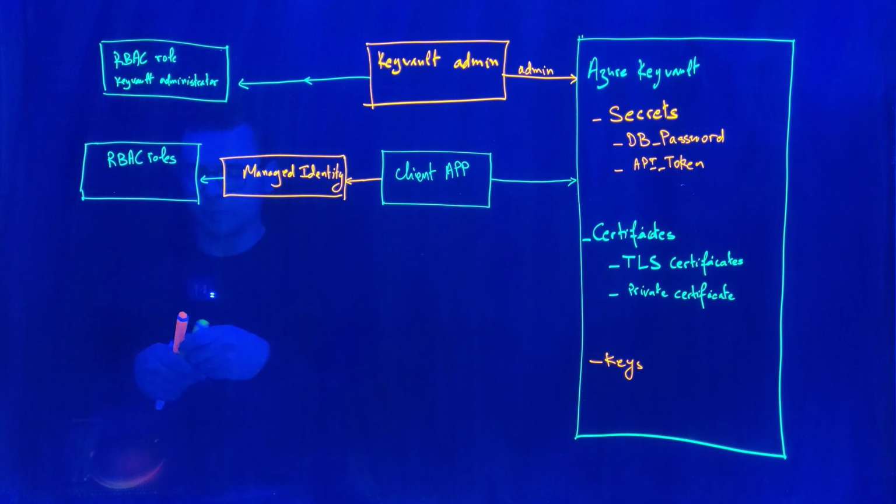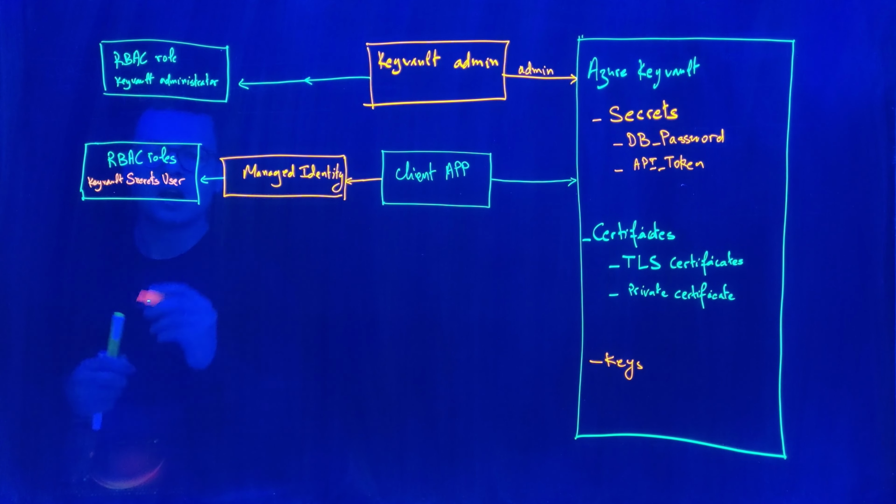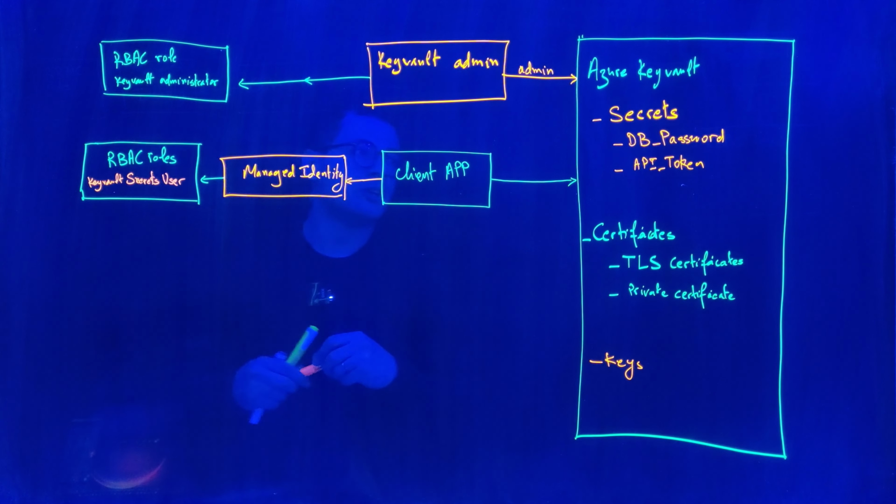So the roles that will be needed here will actually not be the Key Vault administrator, because that gives access to the management of the Key Vault, but here we need only access to the data plane for the Key Vault. It means I will give it access like the Key Vault secrets user, for example. And with this role, it could list and retrieve the secrets with their contents, okay?